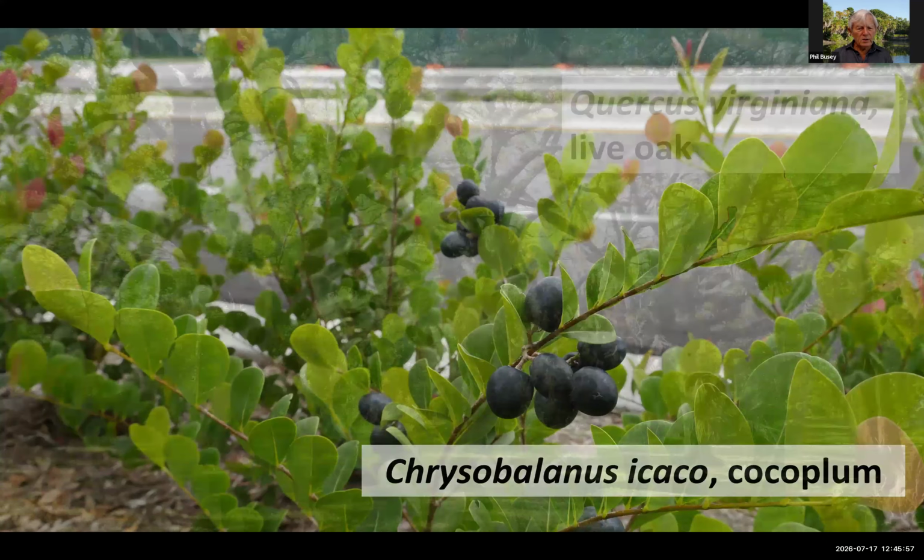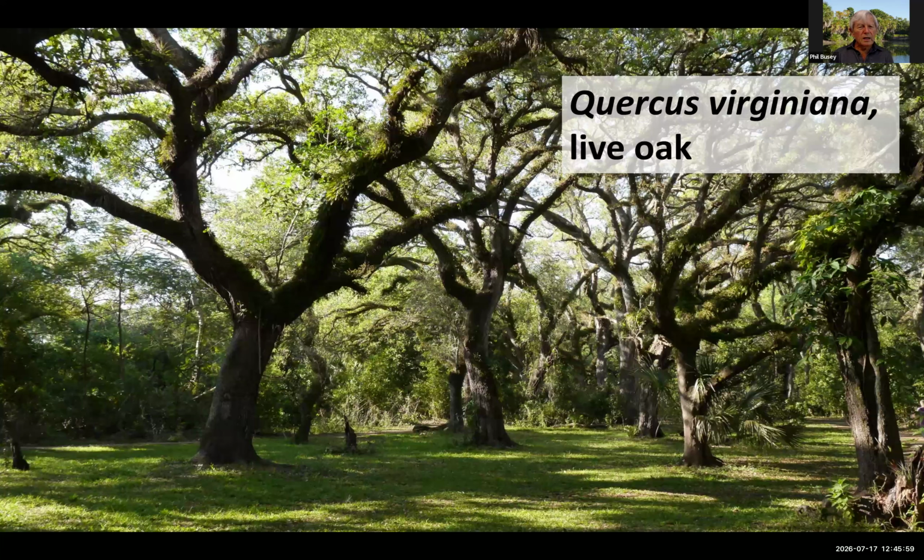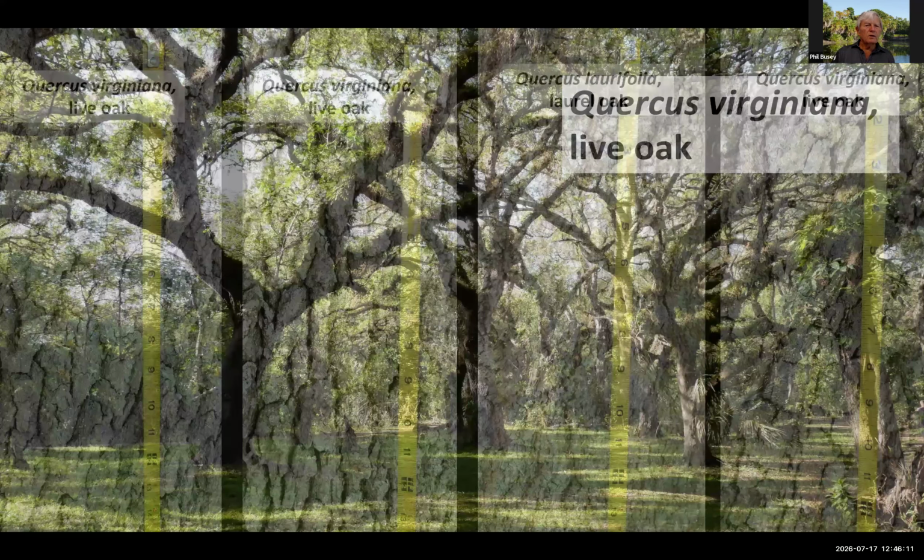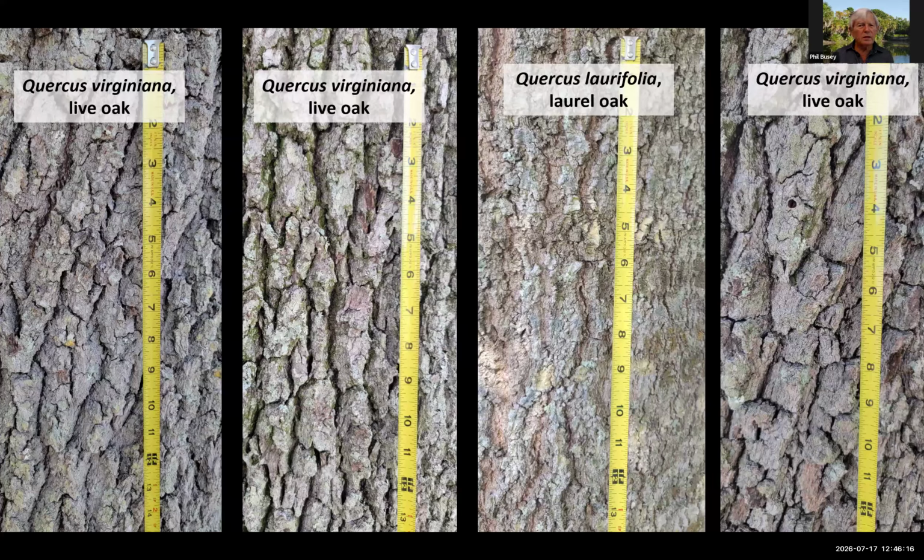The live oak is a good example because there are many other species of oaks, but the live oak is one that has very broad horizontal limbs. And in addition, it would have a bark. Notice here are three examples of Quercus virginiana, live oak bark, and one example of Quercus laurifolia, laurel oak. Now, if you were to try to describe the live oak bark, it would be hard because they're not the same from one tree to the next.